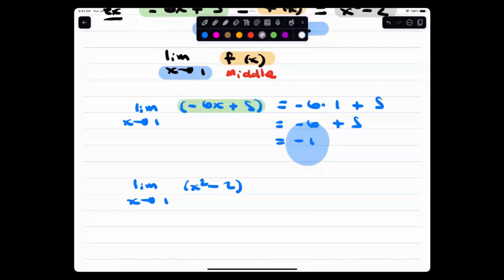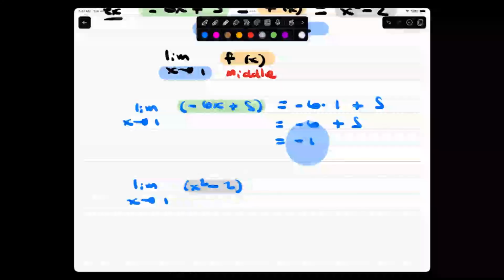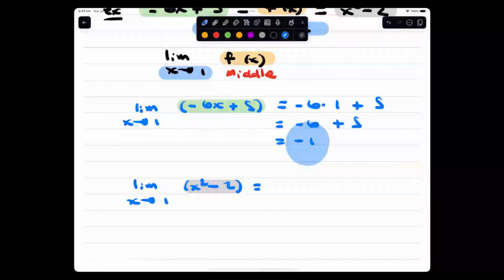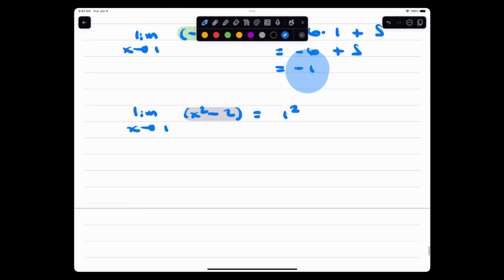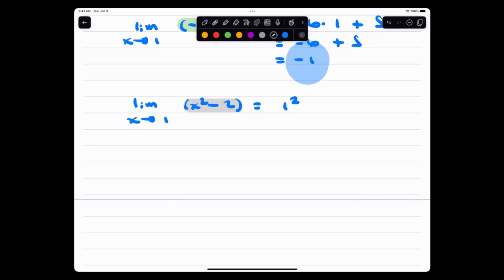Okay, here's the limit of the larger function. You say, isn't this, again, what do you guys know about x squared minus 2? That's a nice what? Polynomial. It's actually a quadratic, but quadratics are polynomials. Since I'm using that language, what's a polynomial anyway?